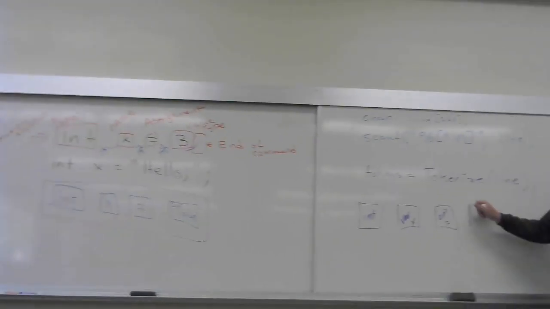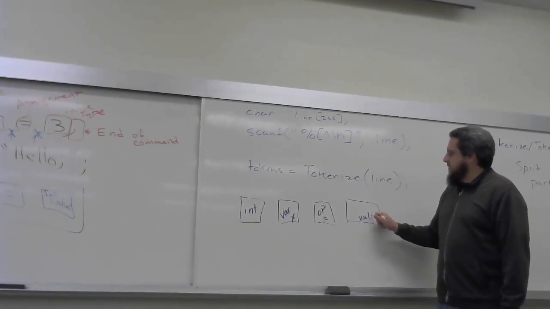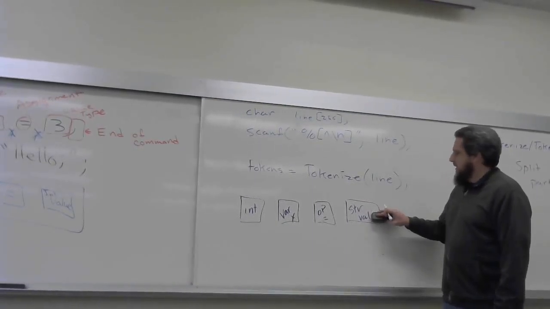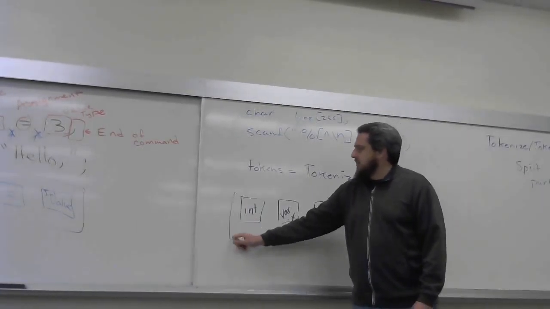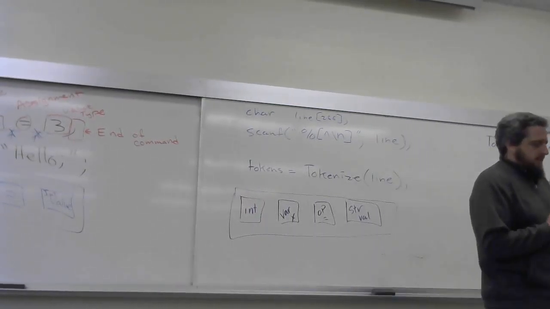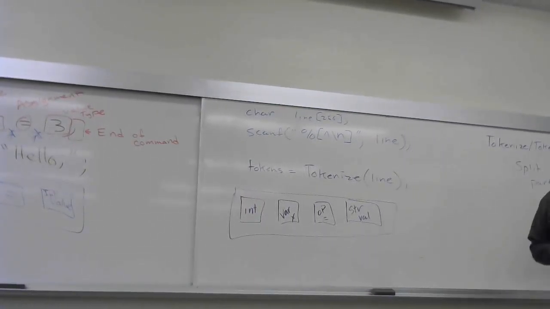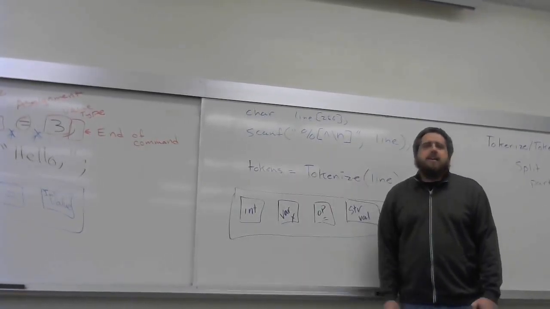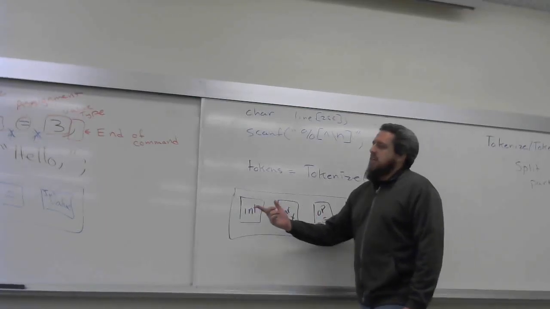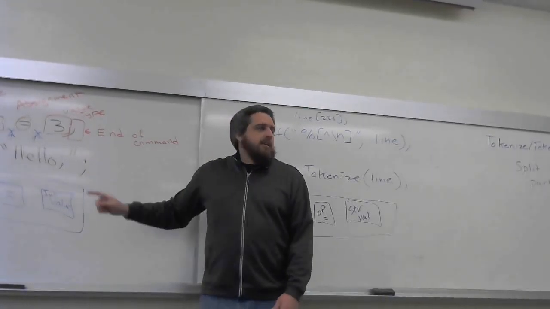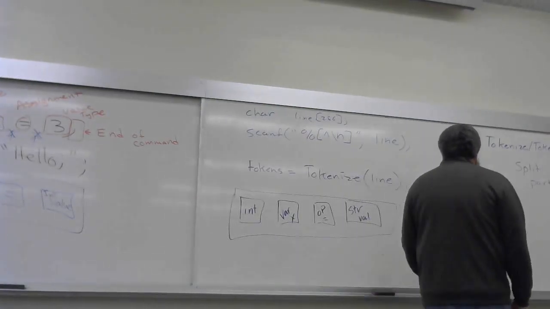And then over here, this is going to be a value, and it's going to be a string value. And that's going to be the entire tokenization. That's the tokenization of that line. After we've done the tokenization, we want to be able to then identify that this is invalid. This step is called lexical analysis.